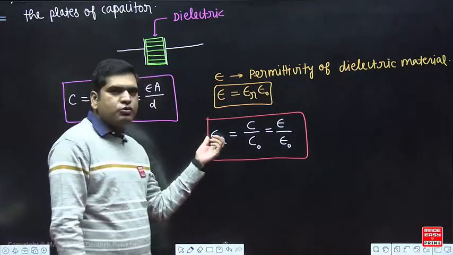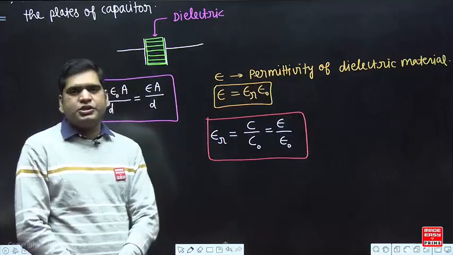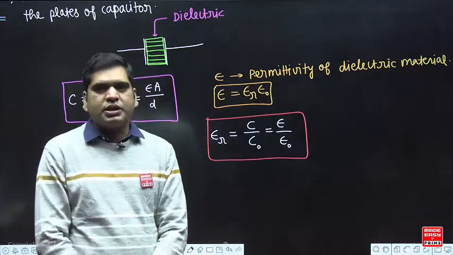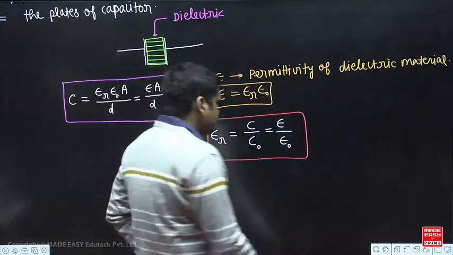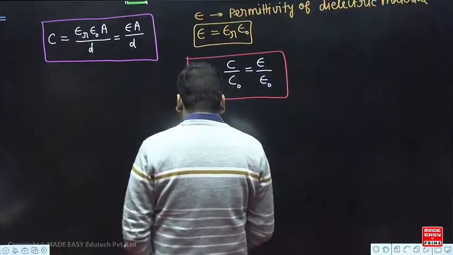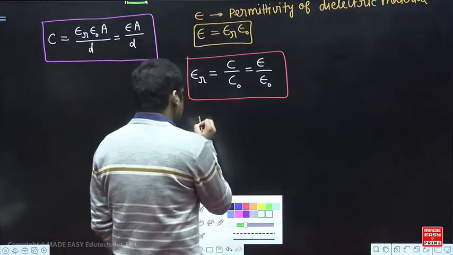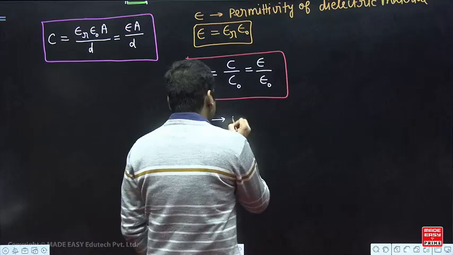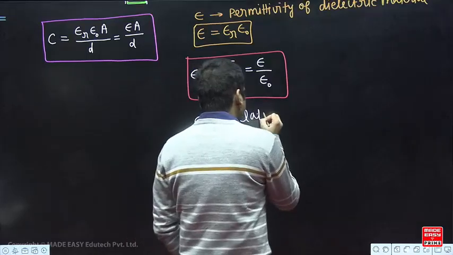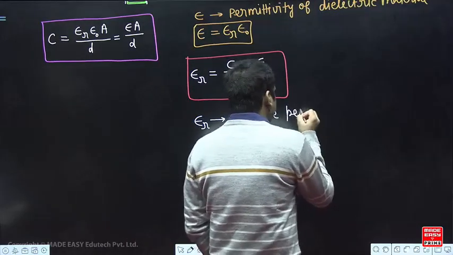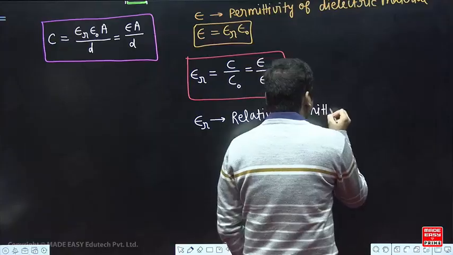So the higher the value of epsilon R, the more the storage of charge, meaning the better the dielectric material. So epsilon R is known as the relative dielectric constant, the relative permittivity of the material.